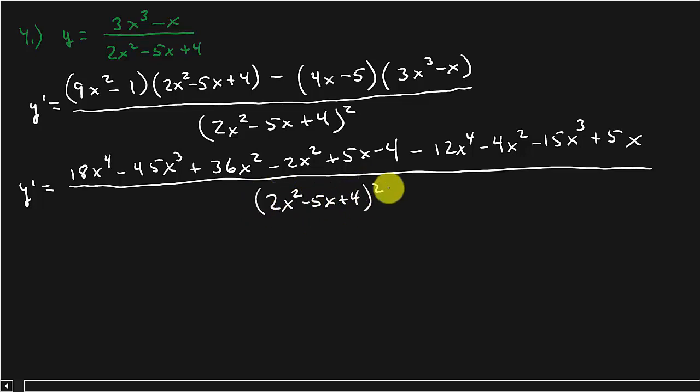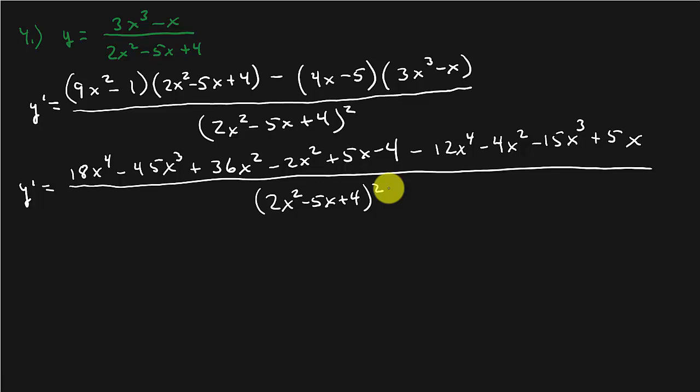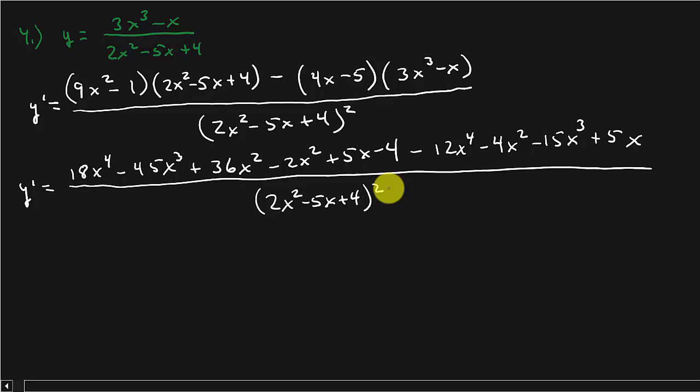Okay? And I'm hoping I didn't make a stupid mistake somewhere, missed a sign, or did an exponent wrong. But stuff like that happens, and it may happen to you also. It happens to me sometimes, even when I'm teaching class. You just take your time when you're multiplying all this out.